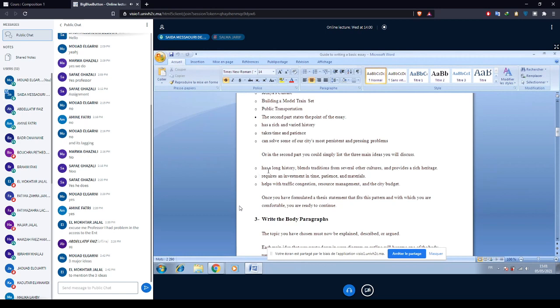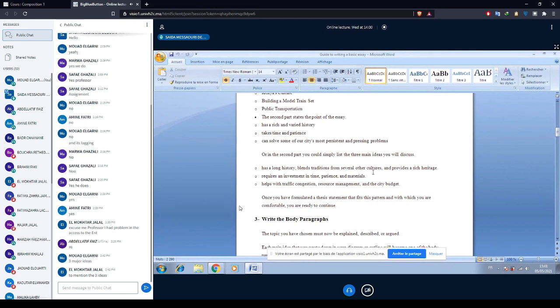It requires an investment in time, patience, and materials. Fine. You see, there are only 3 keywords. What do we have here? We have investment in time, investment in patience, and investment in materials.